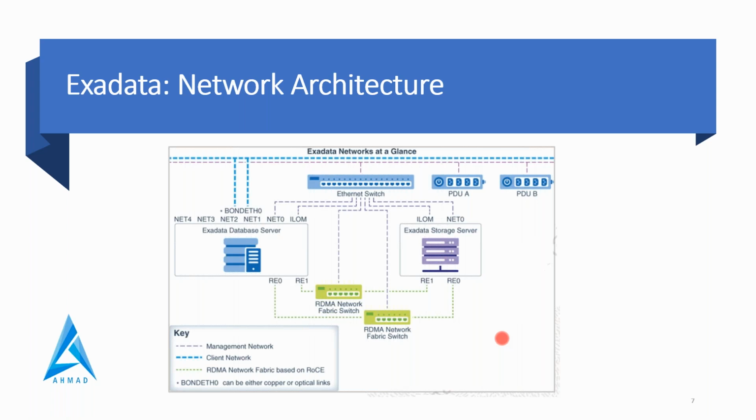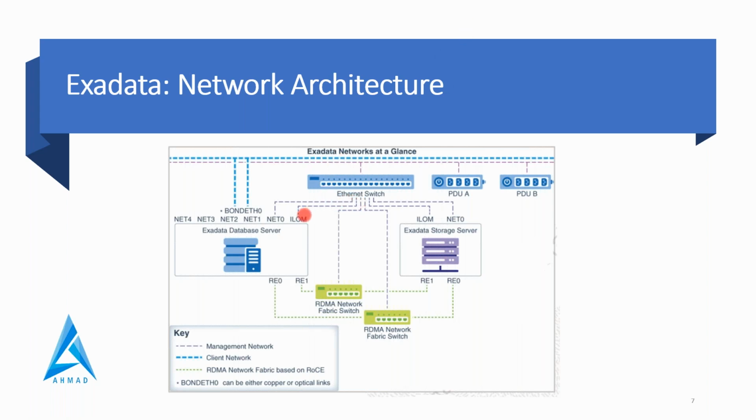It connects the servers and the Integrated Lights Out Manager, that is ILOM. So you can see that ILOM is there with the Ethernet switch, and the switches are connected to the Ethernet switch in the rack.